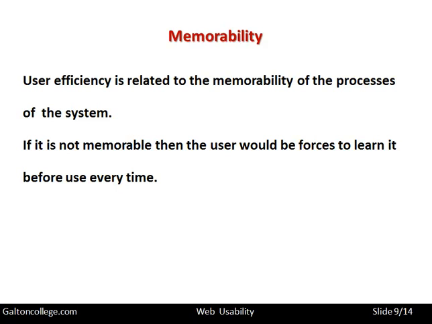So if somebody uses the same site over and over, they should learn what the site is about. It should come naturally. That link will move to that. That's the link that I need. That's what that does. So the site is memorable, and hence the more someone uses it, the easier it is to use.